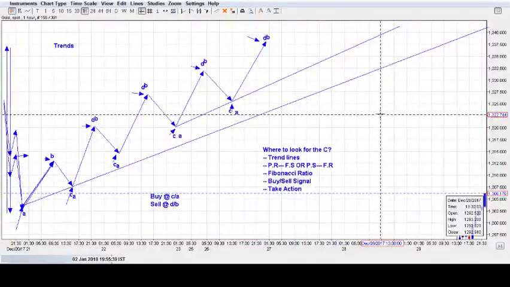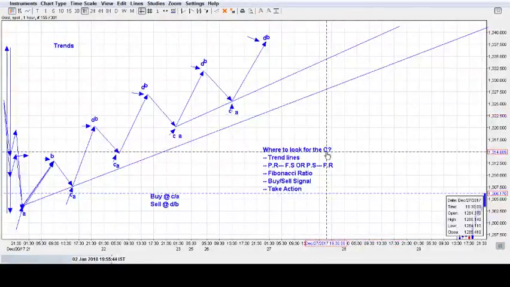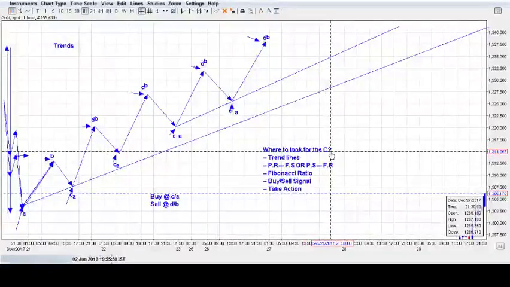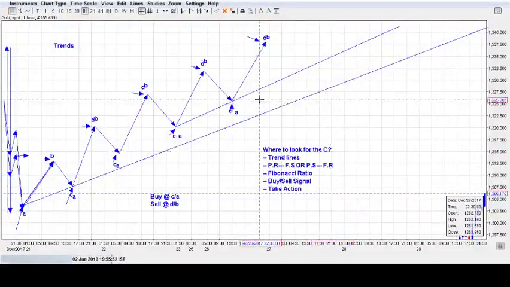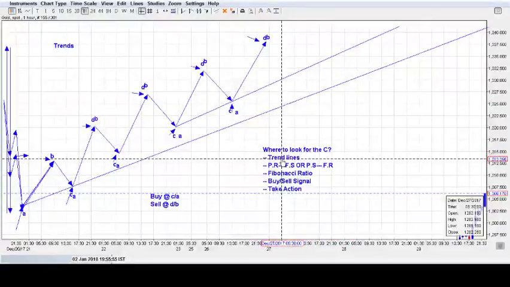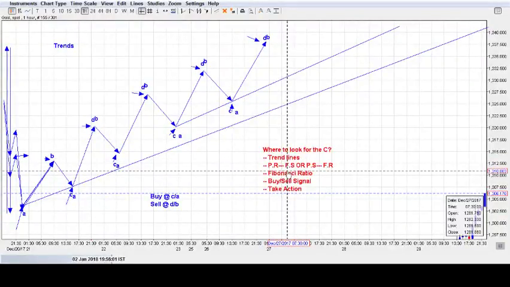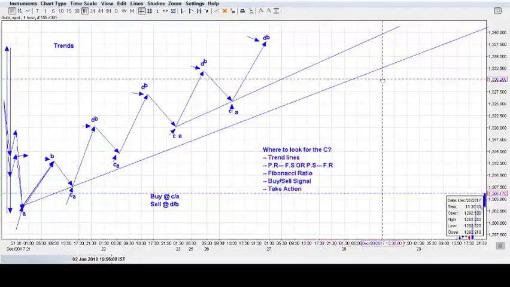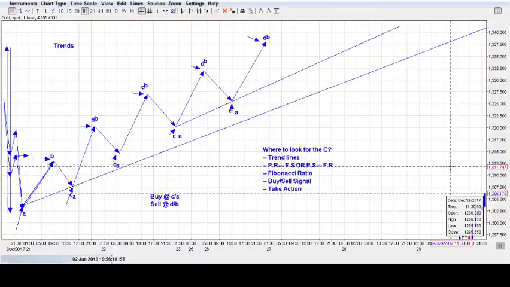When, where, and why, the answer to all three is a place called C, where you look out for a convergence of trend lines and past resistance becoming future support, or past support becoming future resistance, the Fibonacci ratios, and the signal part, and then take action.